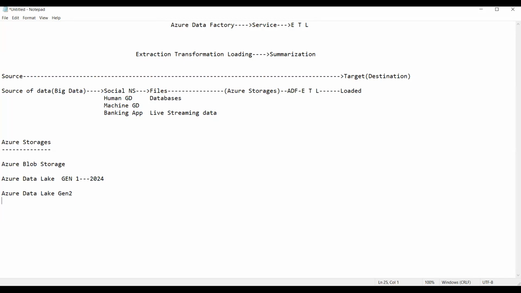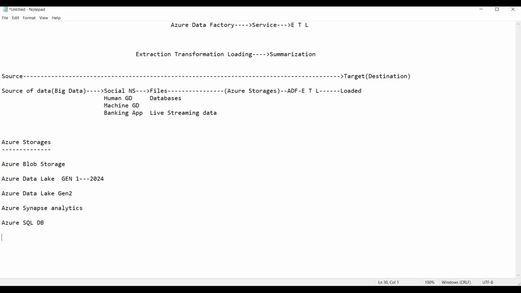So apart from ADLS Gen 2, what are the other sources where we store the data? Tell me now. Yes, guys, Azure Synapse Analytics. Then we have Azure SQL DB.